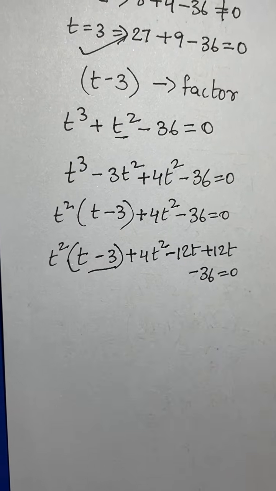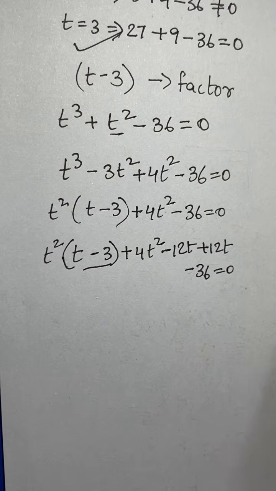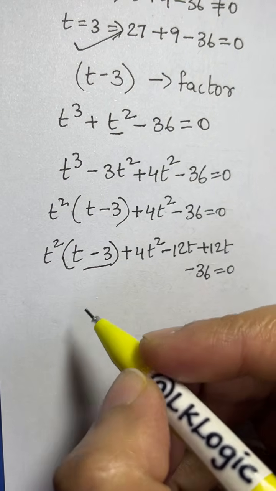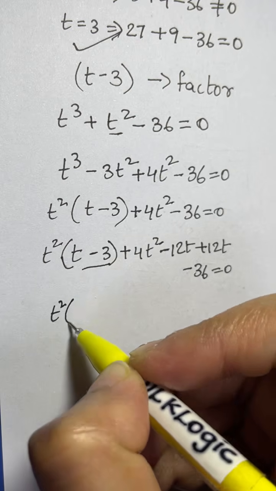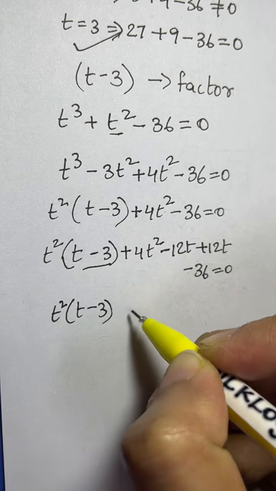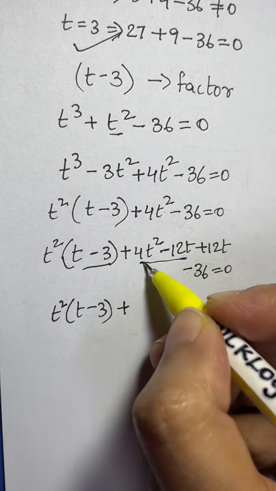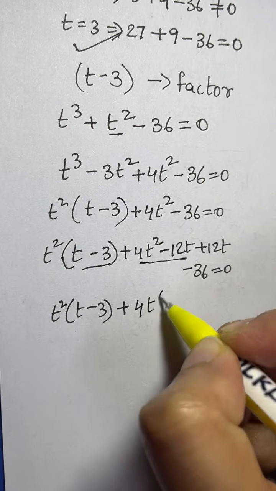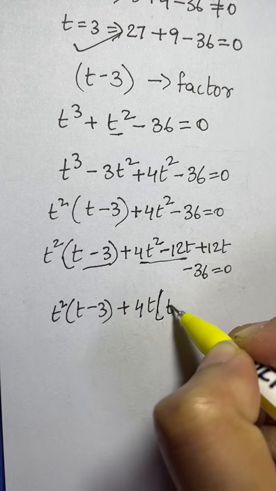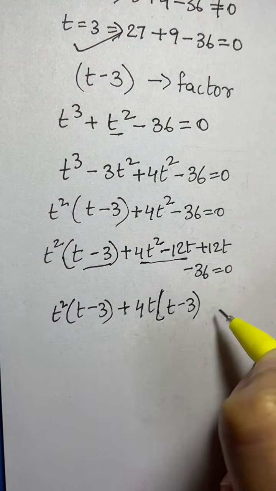Alright, now the next step is, you've got t squared times t minus 3. Here you can take out 4t common from these two. 4t is common, so you're left with t minus 3.